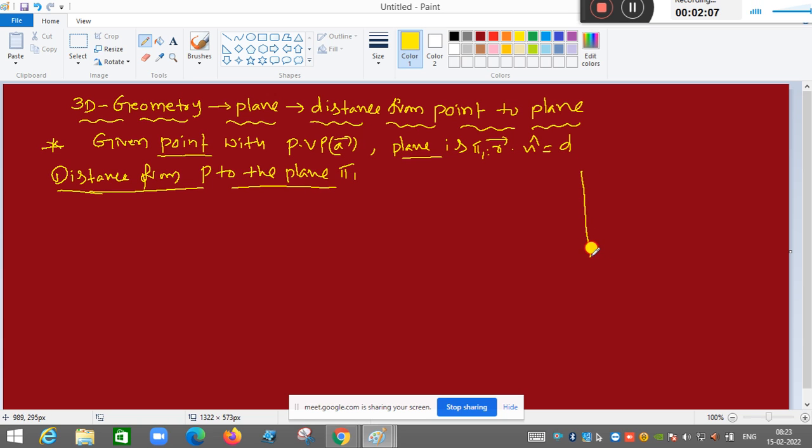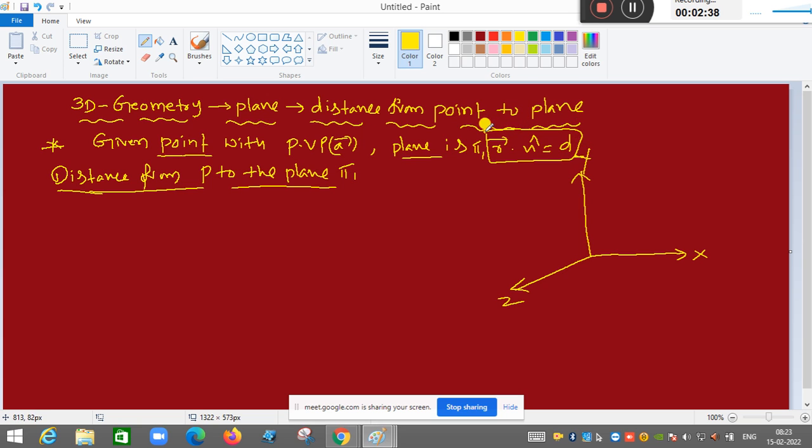Now this is the space, x-axis, z-axis, this is y-axis. Now we draw this plane.